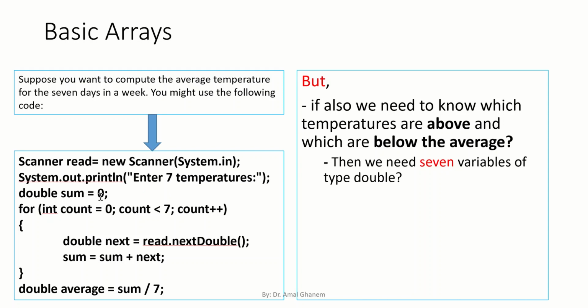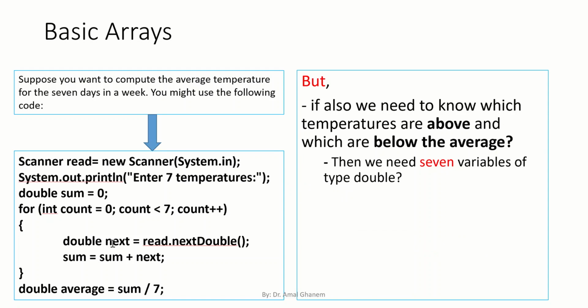We know that if we need to calculate the average, we always start with sum equals 0. We keep doing the summation. At the end, we should divide by 7. So that's why we have double sum = 0, and then we should have a loop from count = 0, count < 7, count++. The main aim of this loop is to go from the beginning till 7, so we will repeat it 7 times.